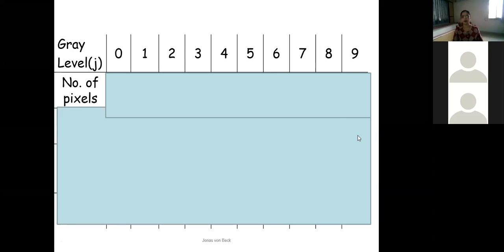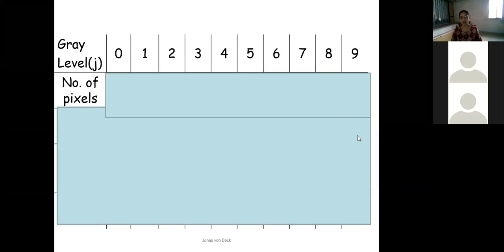Okay, I'm getting a few answers. I'm giving time for all to compute the number of pixels belonging to each gray level. I want answers from other students, those who are not answering. Only a few students are responding to my questions. Sakshi, your answer is correct.